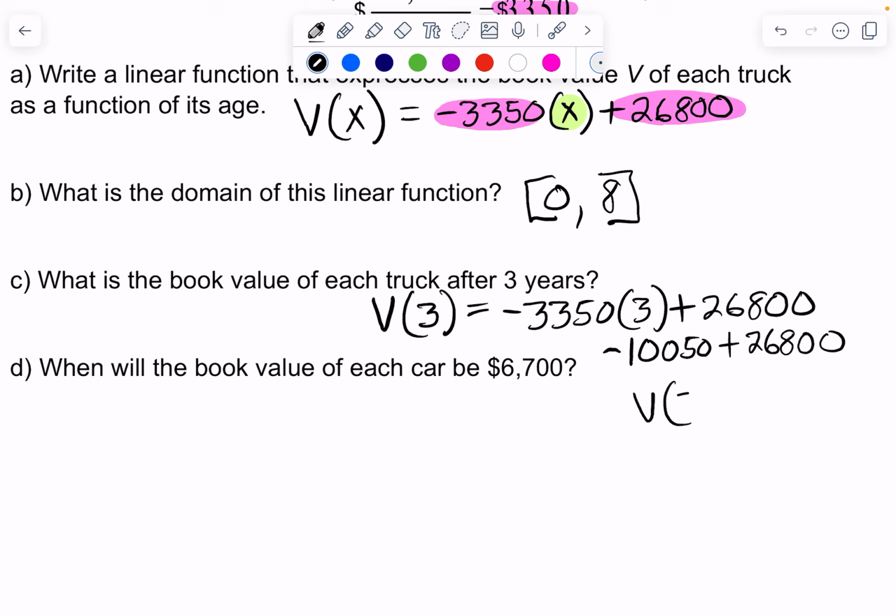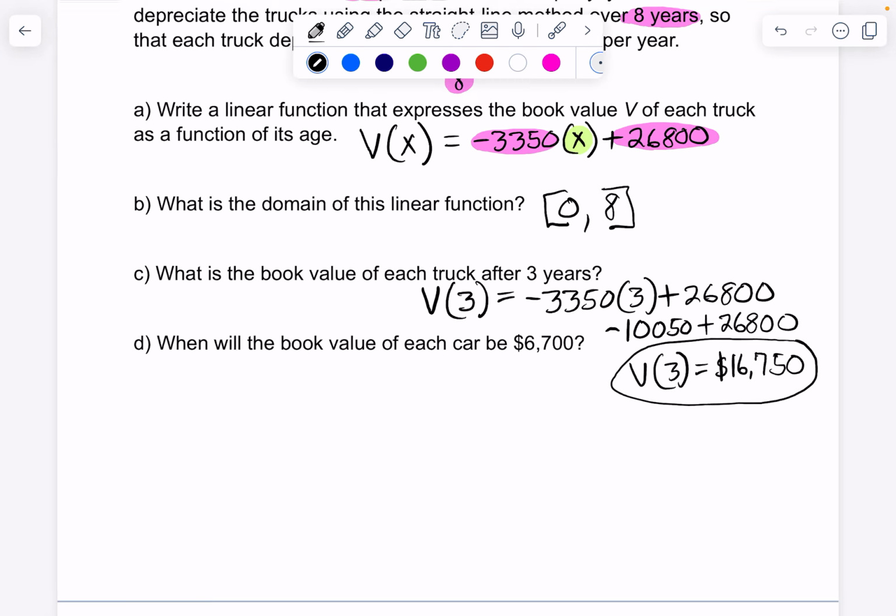And my value after 3 years will be $16,750. And that will be the value of the truck after 3 years.